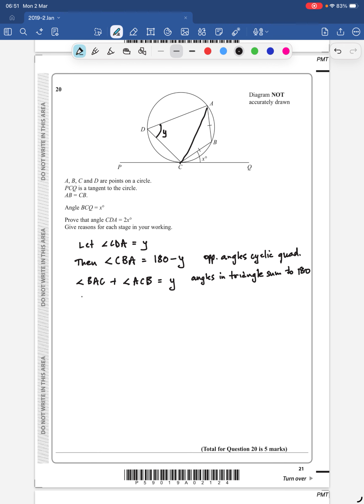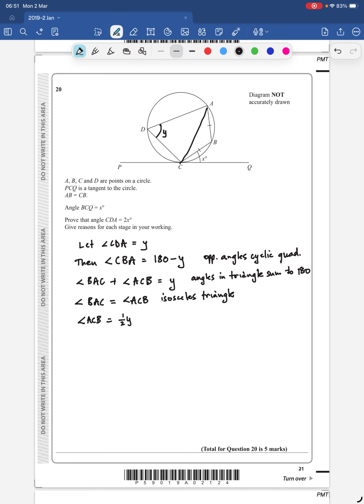And then I'm going to say angle BAC equals angle ACB. They're different points. And that is, I'm just going to note, isosceles triangle. And then that's enough for me to therefore say angle ACB equals a half y, or y over 2.